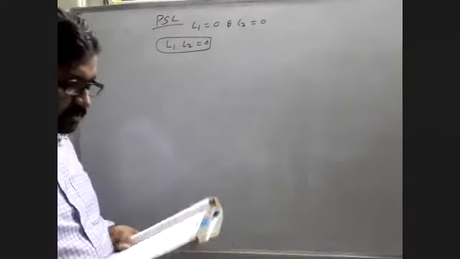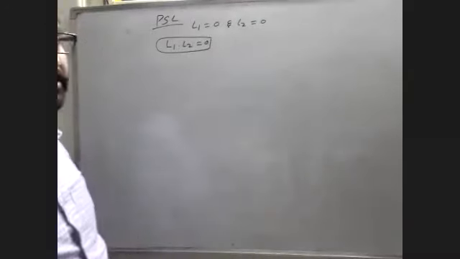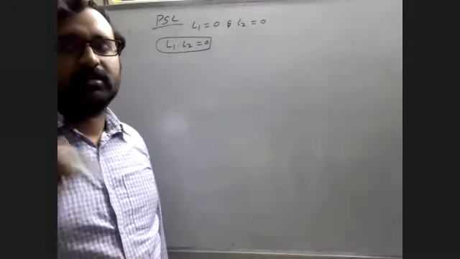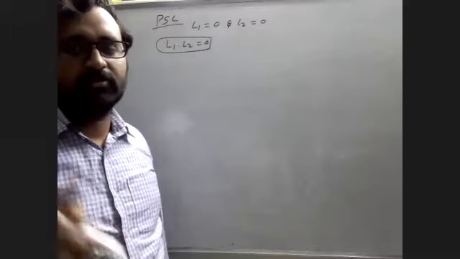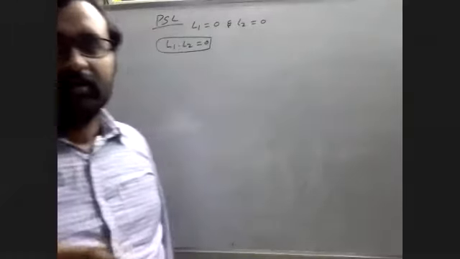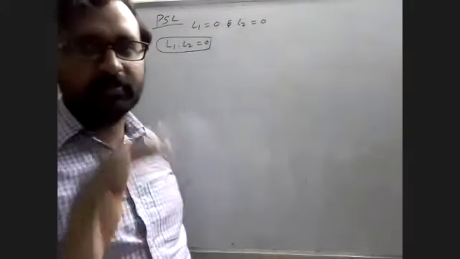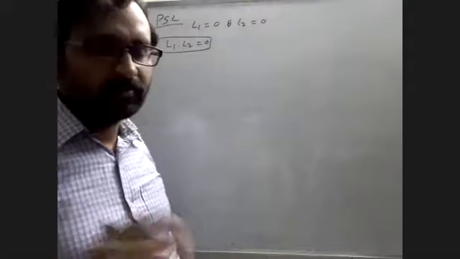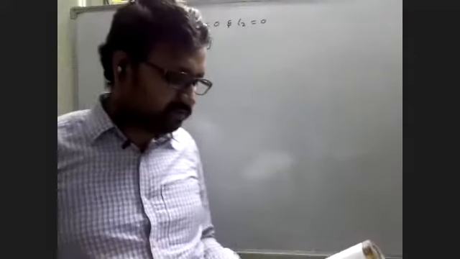Homogeneous equation means the powers should be the same. That is the condition. Homogeneous differential equation we already completed in second year. Homogeneous means the power should be equal. Here also for a homogeneous equation the power should be equal.